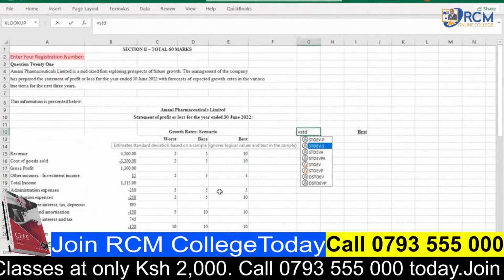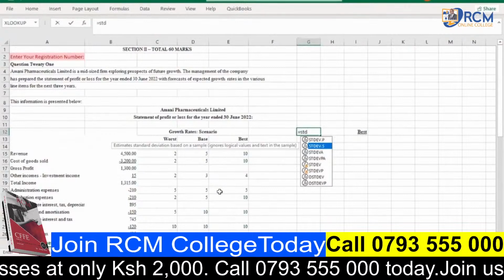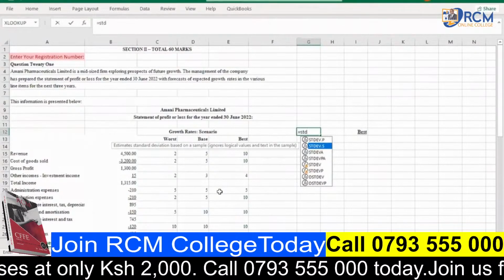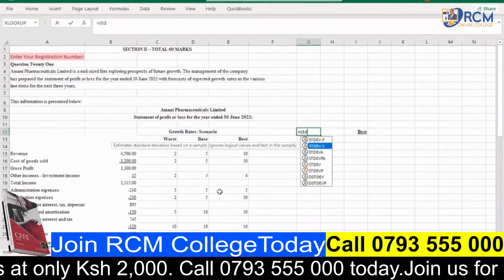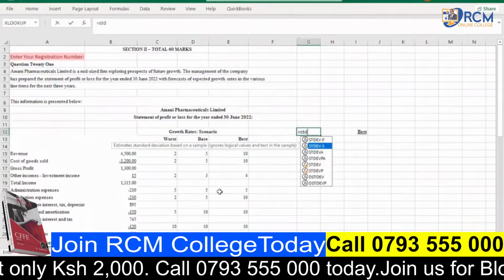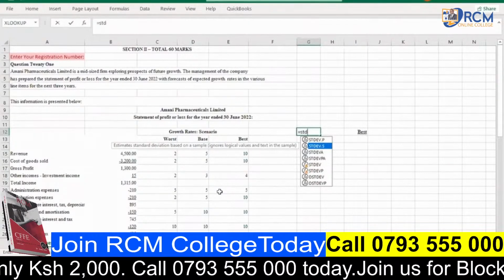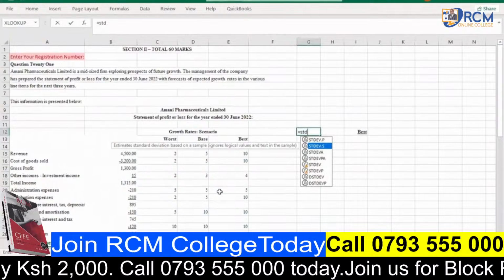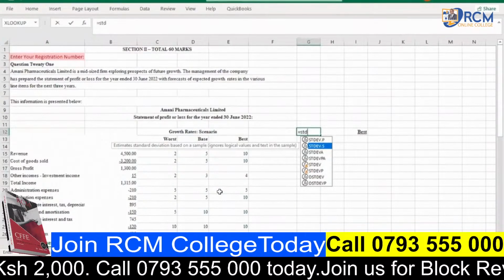Is that correct? Standard deviation S, that is Roman 2. Is that correct? Okay, some people are saying false, some people are saying yes. We will see the version of the Excel which you have, which is giving you that. But I believe that is correct.